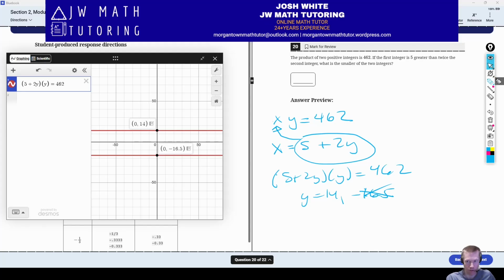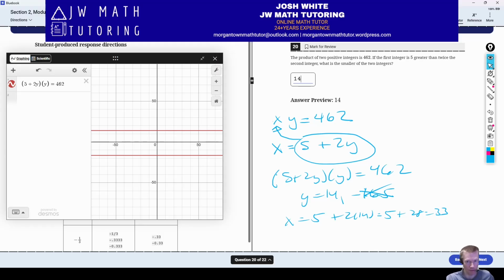The other answer is presumably going to be something larger than that. Because notice here, x is equal to 5 plus 2 times 14. Okay, 5 plus 28. So the two numbers are basically 14 and 33, meaning these are the two numbers that you multiply to make 462, and one is 5 greater than twice the other. Okay, 14 is obviously the smaller of the two, so that's your correct answer.